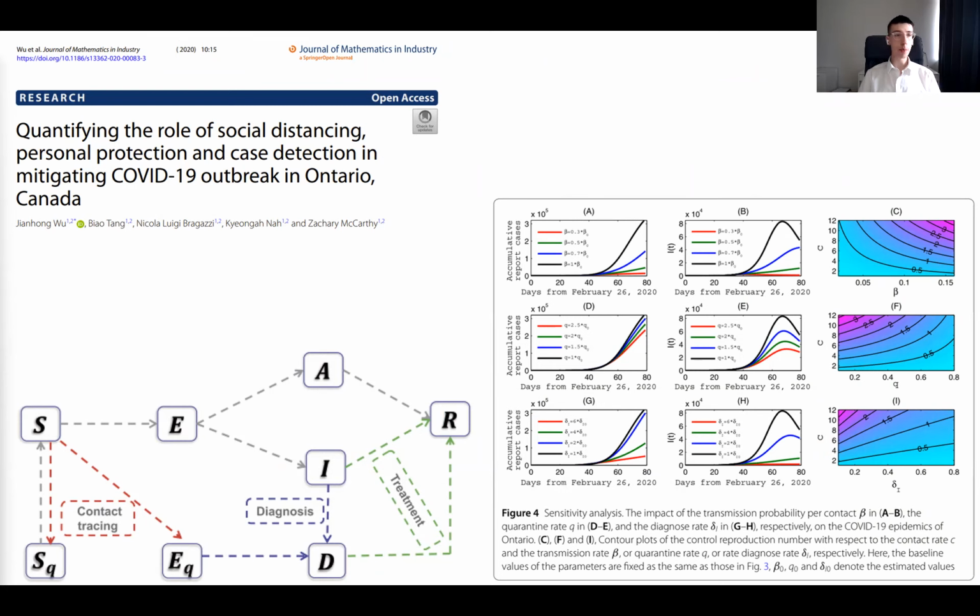This article accomplished two key things for us. One was fitting of the transmission dynamics model. The flow diagram for this model is shown here on the bottom left, with control interventions to the surveillance data in Ontario. This process formed the foundation for many of our subsequent analyses. To expand a bit on this, the fitting yields a model-based estimation of the mitigation measure efficacy.